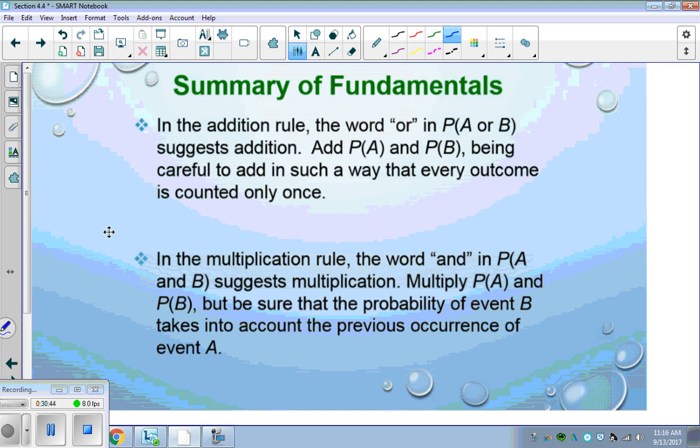And then the multiplication rule is the probability of event and another event, and we're going to multiply those together if they are independent events. If they're dependent, we have to do the probability of B given the first one happened. Okay?